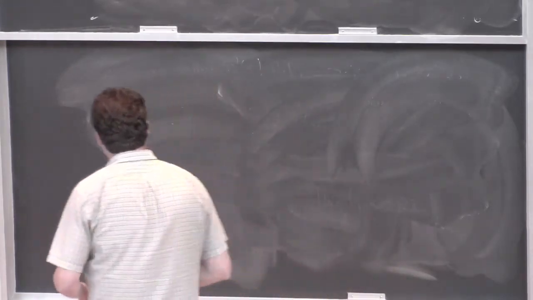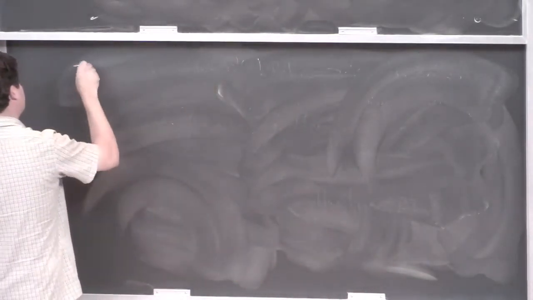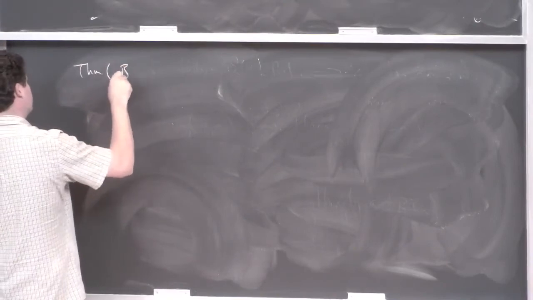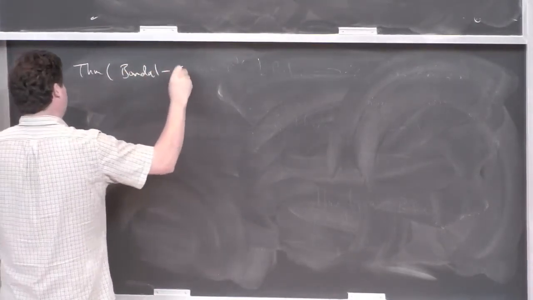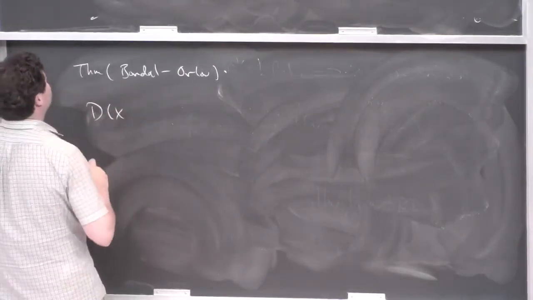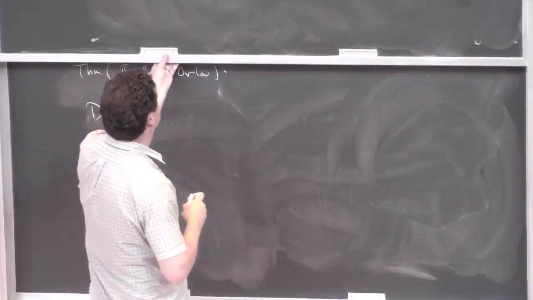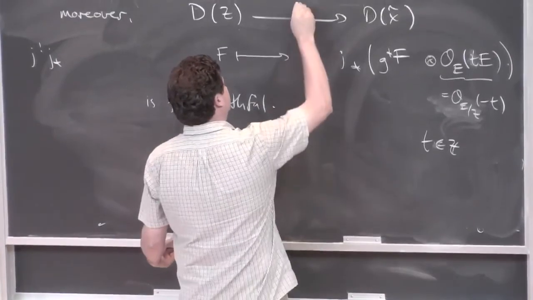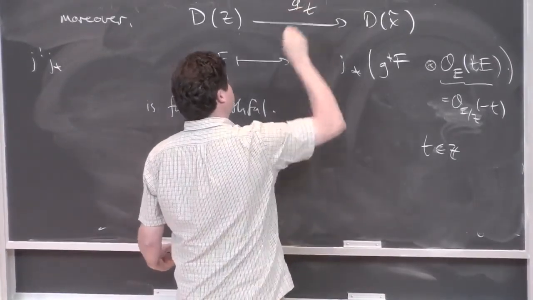Right, and then the statement, this is another one of Bondal and Orlov, is that I should give this functor a name. Let me call this phi sub t.